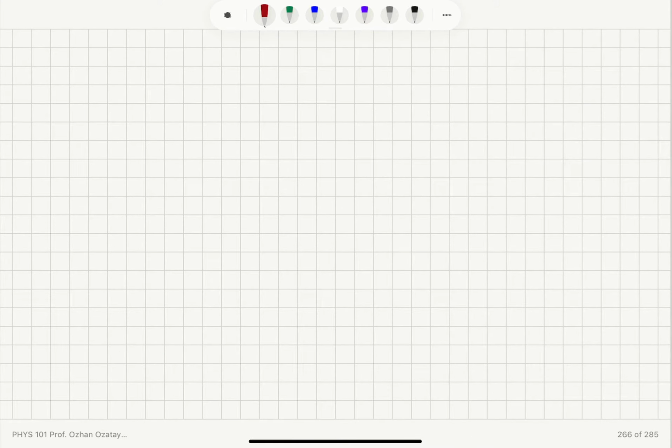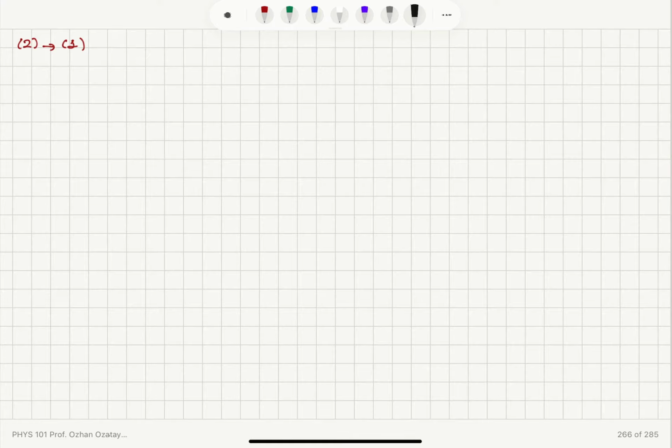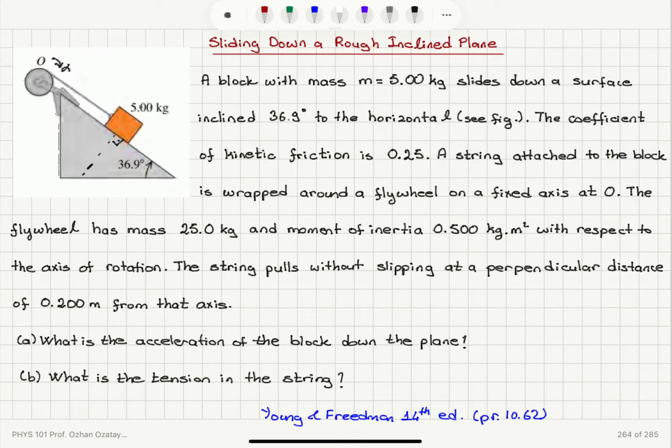flywheel. Now, putting equation 2 in equation 1, we have mg sine theta minus mu k mg cosine theta minus the tension equals ma. Basically, that's the equation we have written here, where theta is equal to 36.9 degrees.